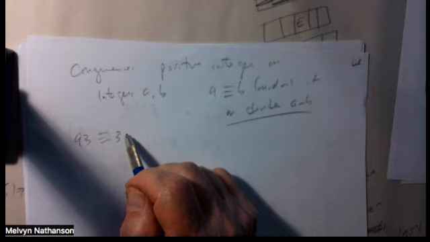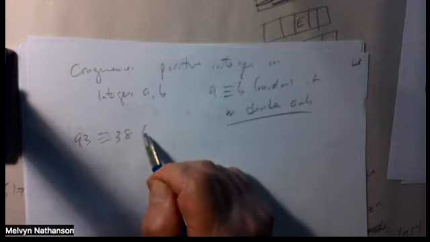So for example, 93 is congruent to 38 mod 11.